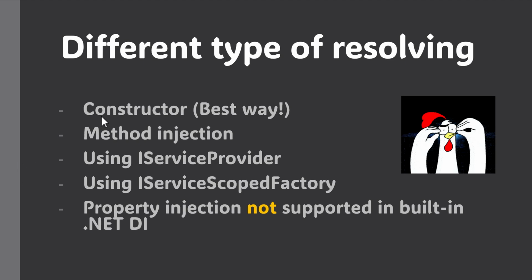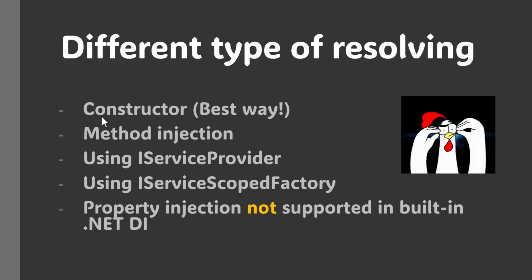First one is the constructor of the class. It is the best way to resolve those services, asking the service provider, I need these kinds of services, so you need to create the instance for me from the constructor. You know that the constructor is the first place that will be called after the class has been instantiated.